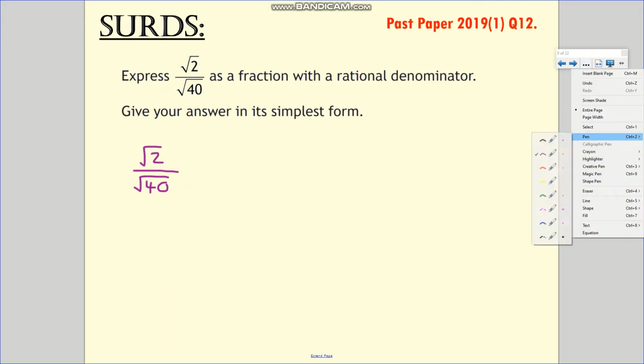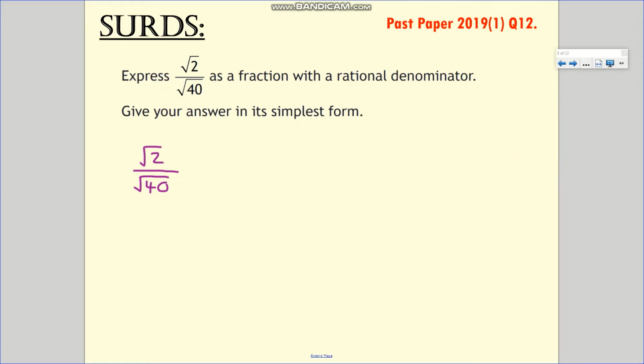The first thing I'm going to do is multiply both sides of this fraction. To keep it equivalent, you have to times both sides of the fraction by the surd that's on the bottom of the fraction. So I'm multiplying by root 40 on the bottom, and then also on the top of the fraction to keep it an equivalent fraction and not change the size.